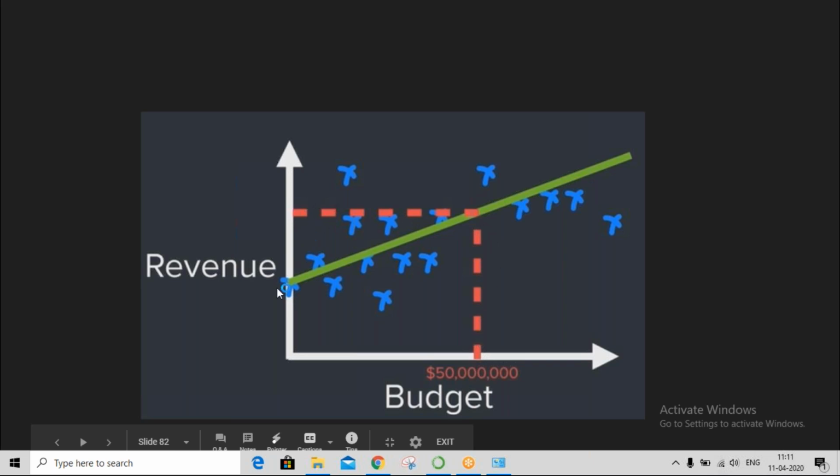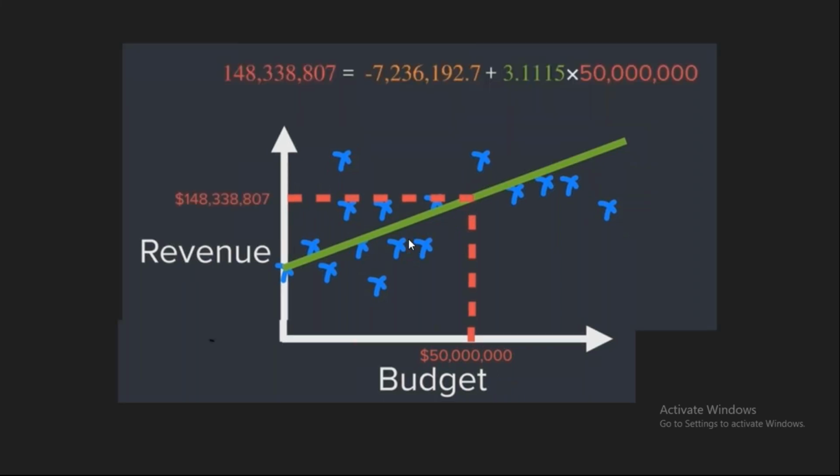According to our understanding from yesterday, it should be somewhere here. If I put all these values into the equational form, I get that if I invest $50 million in a movie, I will get a revenue close to $148 million.